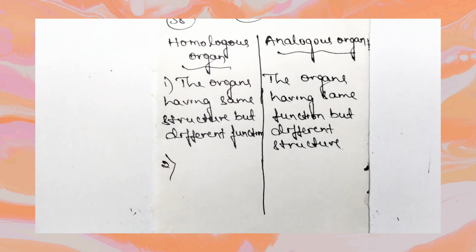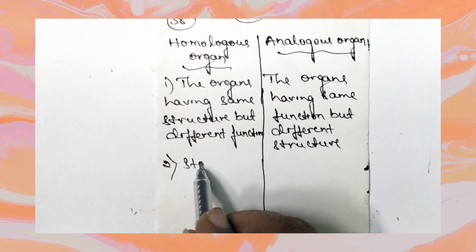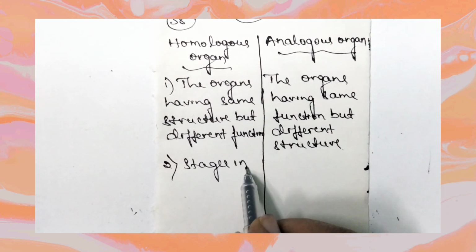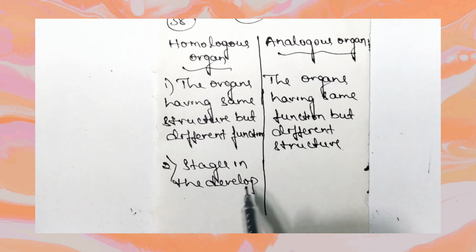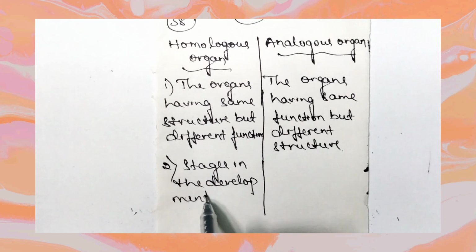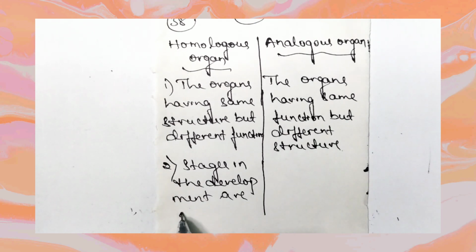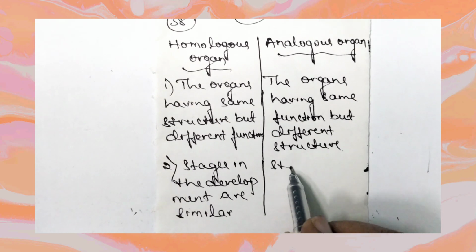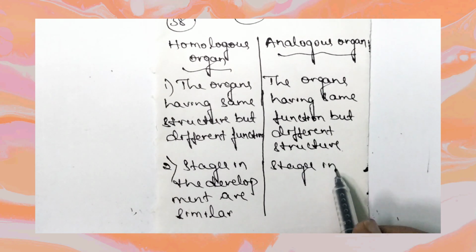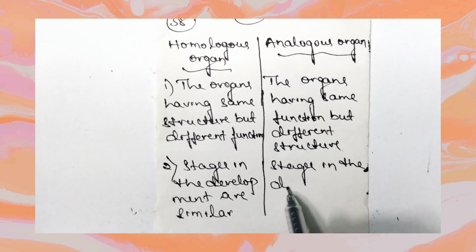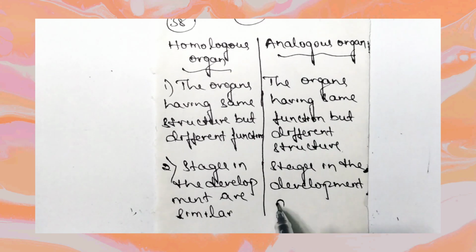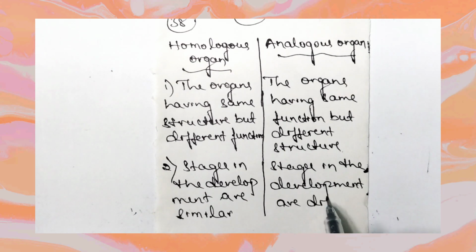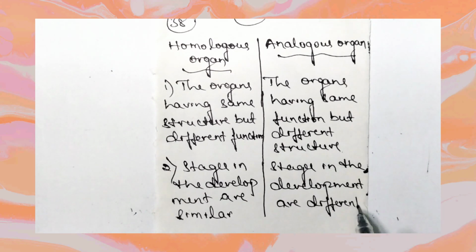Next, let us come to the second difference: stages in the development. For homologous, stages in the development are similar. On this side, stages in the development are different. The development stage will be different.